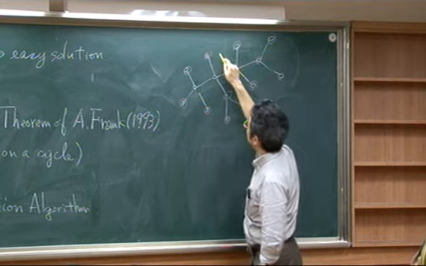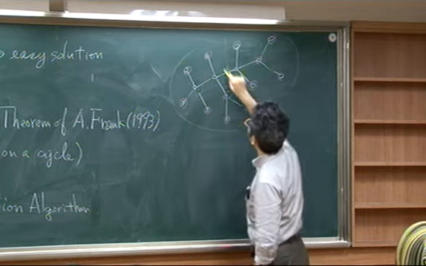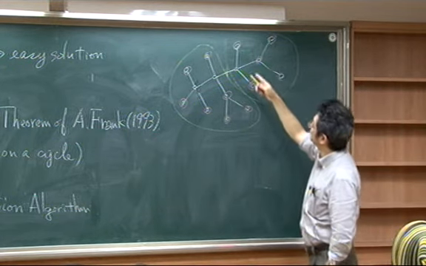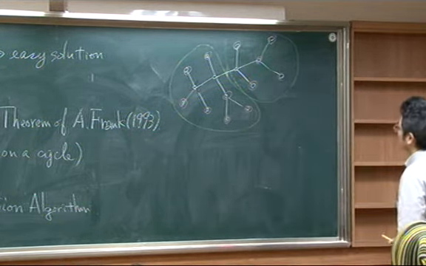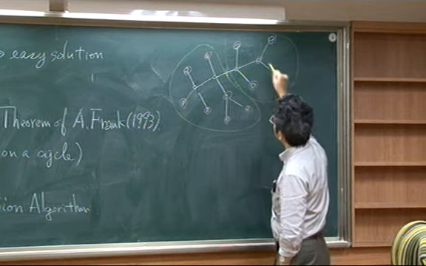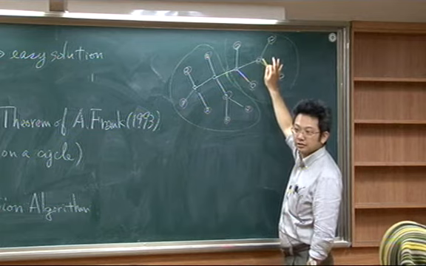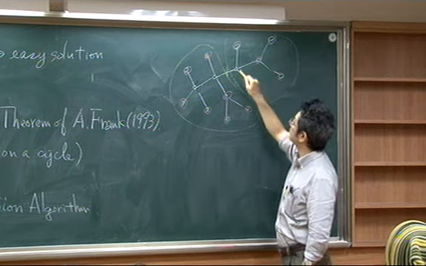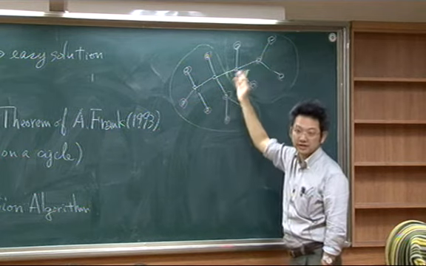In this cut, the sum of the degrees on one side must be odd because it has only one edge across this cut.